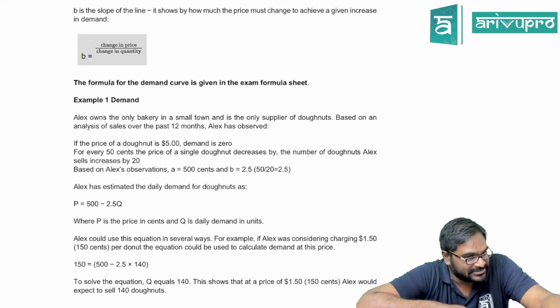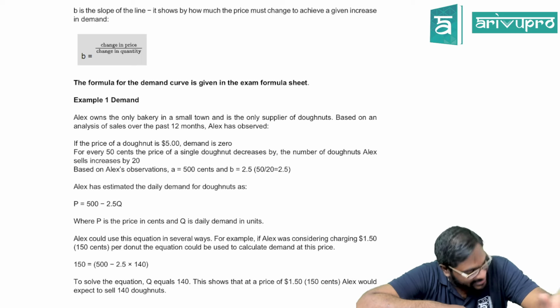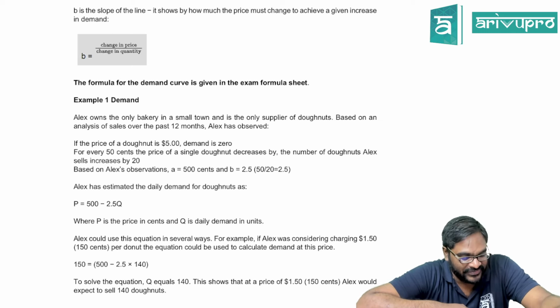So that is A. And for every 50 cents the price of a single donut decreases, the number of donuts increases by 20. So for each 50 cent movement in the price, there is a movement of 20 donuts. That's the curve or the slope. So price movement is 50 cents divided by 20 donuts. Are we good? Right.